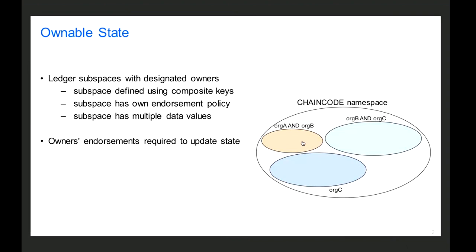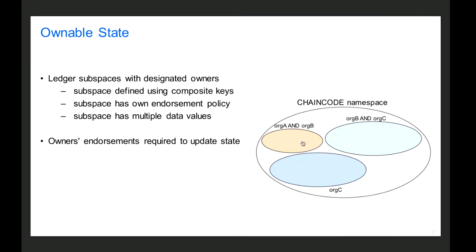Those owners can be various organizations of the network, for example organization A and organization B. In general, if you want to do an update on an Ownable State, then you require an endorsement by the owners that own that Ownable State. So this is the main idea behind it.